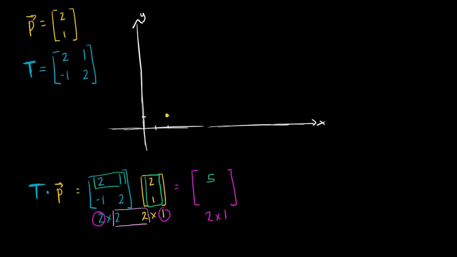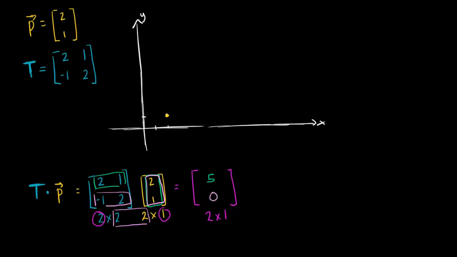And then for the second row, first column, it's going to deal with the second row here and the one and only column right over here. So negative 1 times 2 is negative 2, plus 2 times 1, which is 2. Negative 2 plus 2 is just equal to 0. So now we have the position 5, 0, which is right over here.